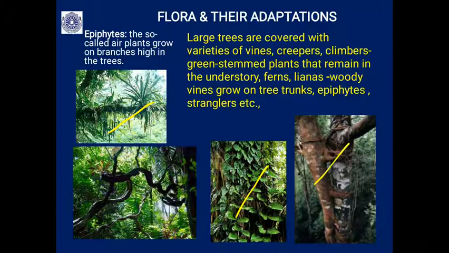Then the stranglers start as epiphytes and send their roots downwards to the forest floor. Lianas are woody vines, they grow rapidly on the tree trunks, and they form a temporary link between the trees of the canopy.